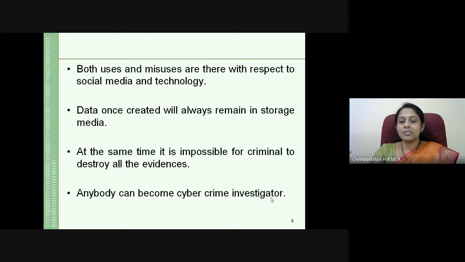Hence all of us need to counsel the students, the children, and the next generation who are going to use or depend on this digital data. This is one of the responsibilities we always have.